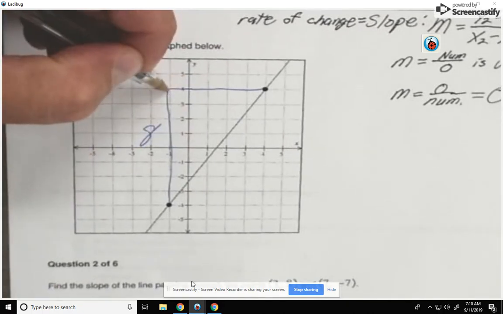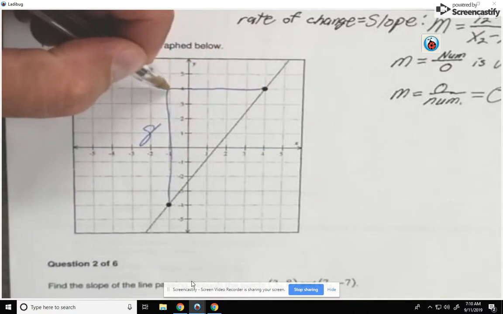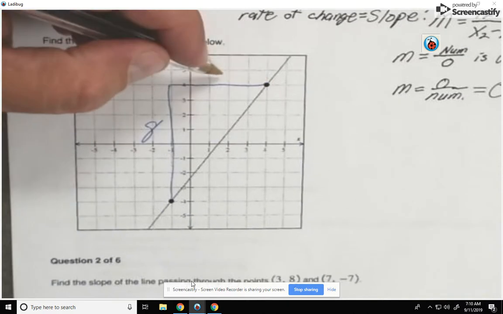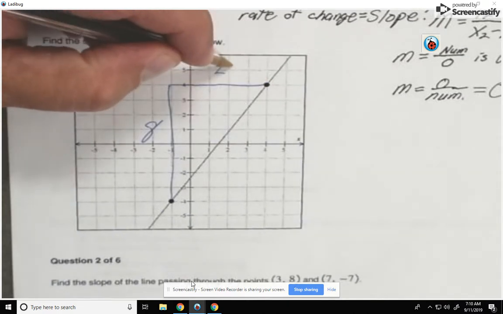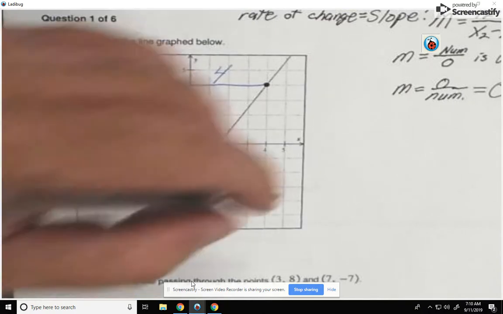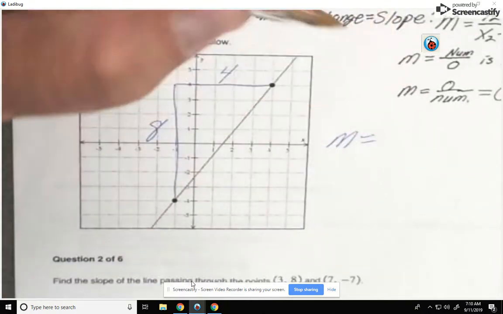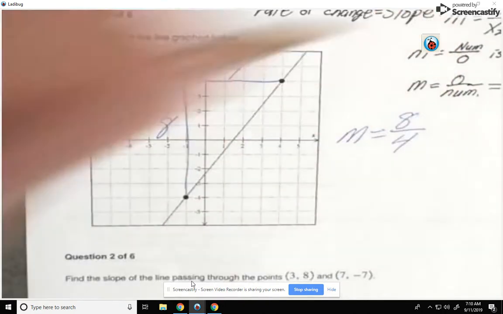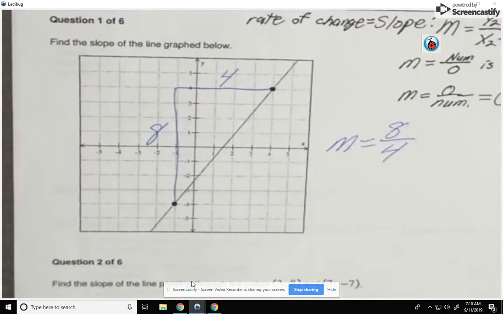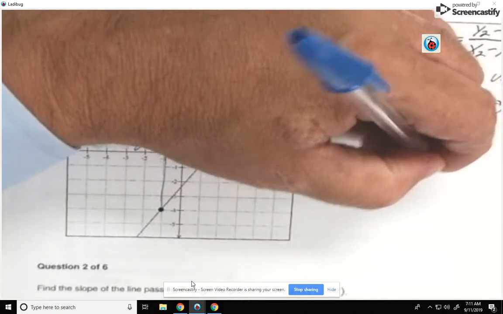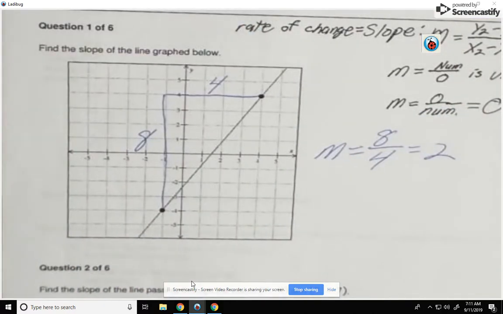And then from here to here, we went from -1 to 3, which means we changed by 4. So at this point, we can put together our slope, which is the change in y, a positive 8, over the change in x, a positive 4. Now, 8 over 4 will reduce to 2, so our slope is 2.